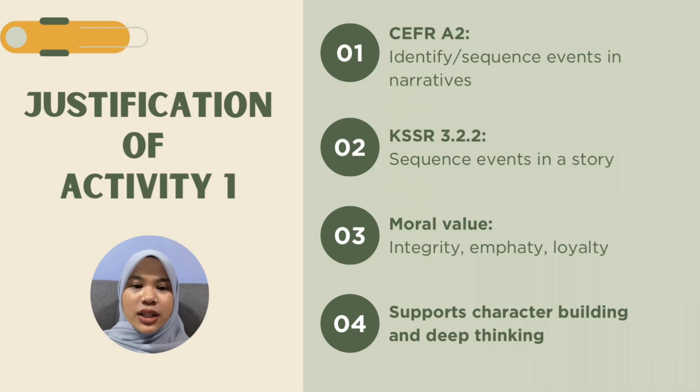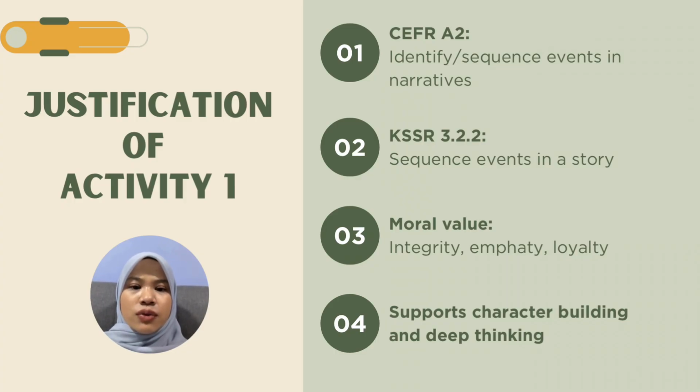For the justification of Activity 1, this activity is directly aligned with CEFR level A2 descriptors, particularly the ability to understand and sequence events in a simple narrative. Furthermore, it supports KSSR Year 5 Reading Content Standard 3.2.2, which emphasizes sequencing of story events.